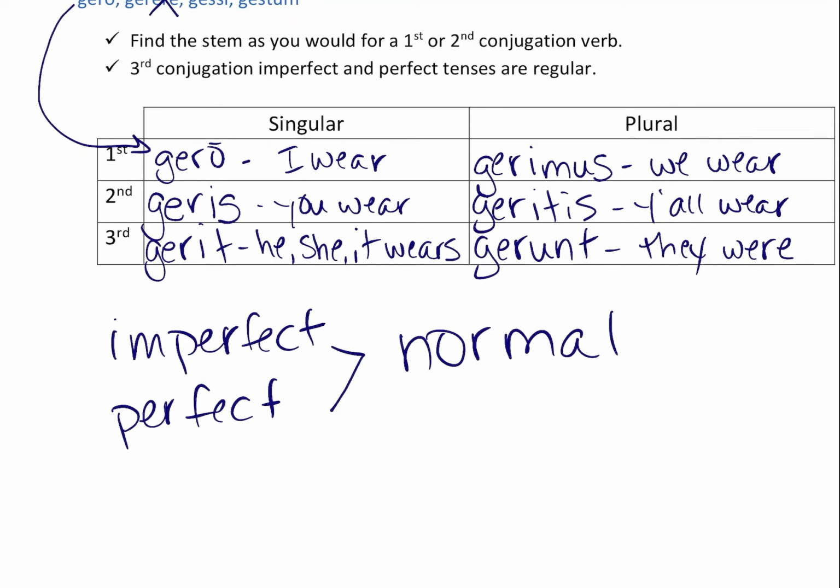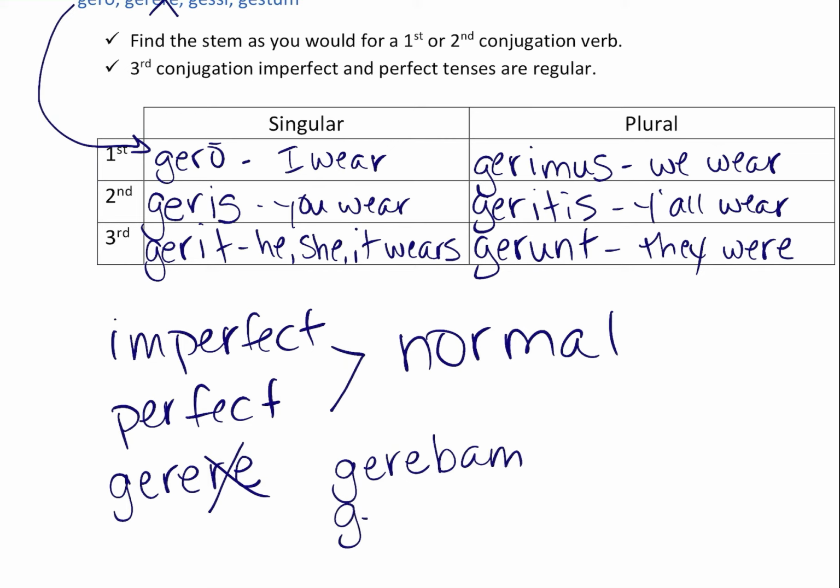So if you had gerere for imperfect, we don't take off the whole ERE. We simply do what we've always done before, and we take off the E. So it would be gerebam, gerebas, right? Totally normal.